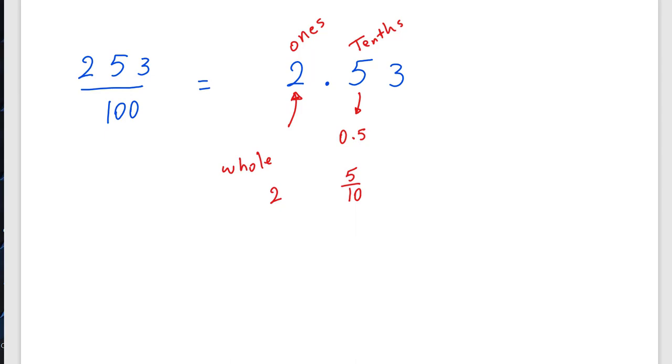And the next one, the 3, is hundredths. And its value is 3 hundredths or 3 over 100. Okay, so now we know what we mean by decimals and how to use decimals along with fractions.